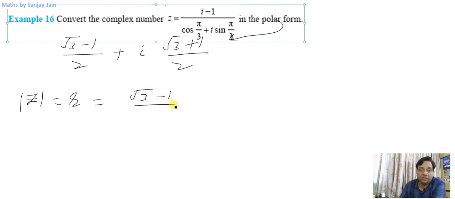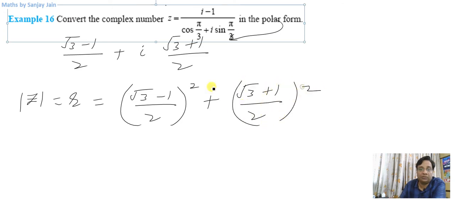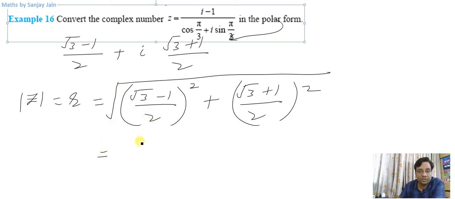Root 3 minus 1 by 2 squared plus root 3 plus 1 by 2 squared, square root. Right, this is what we require. And what is it equal to? Now if you see the denominator, this is 4, this is 4 after squaring, so I can bring out 2 outside.